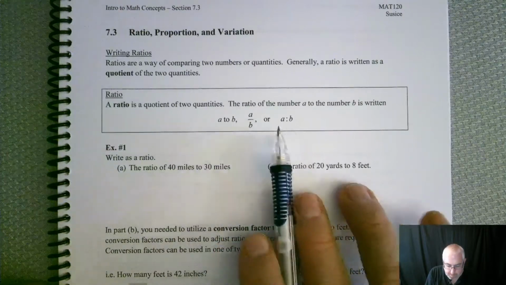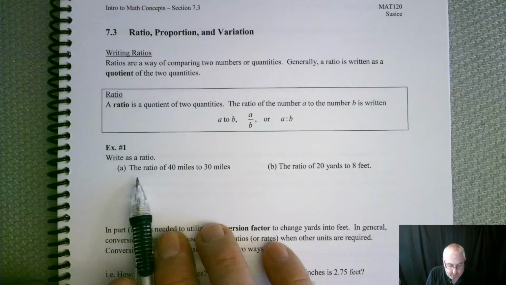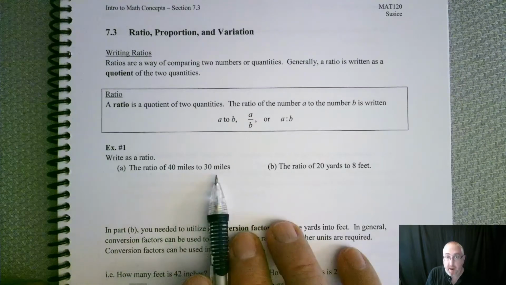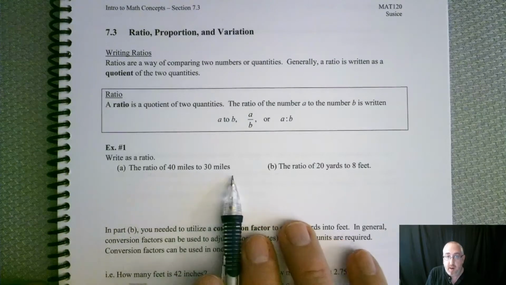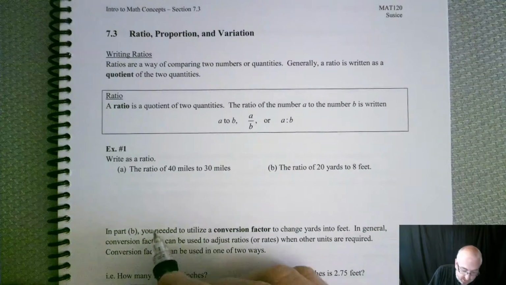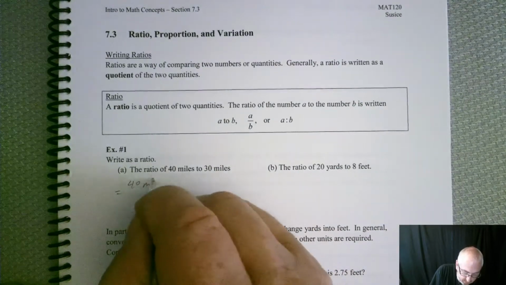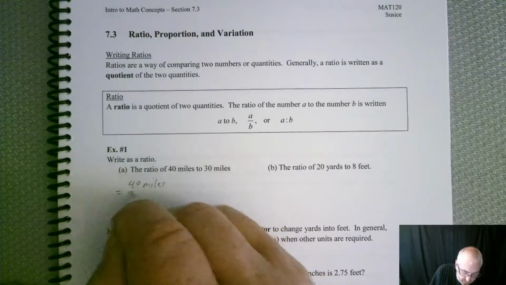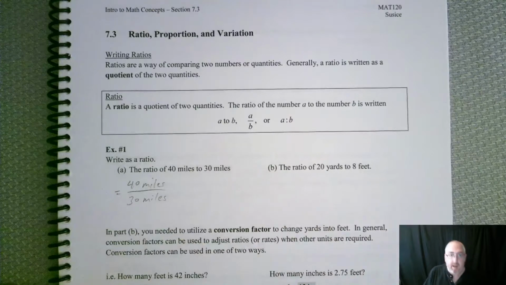Okay, write each as a ratio, so the ratio of 40 miles to 30 miles. The one thing we notice is that the quantities are both talking about miles. So that's good. In this case, first number goes on top, and don't forget the units, and the bottom will be the second number. Now what's nice about the units being the same is that they cancel out.